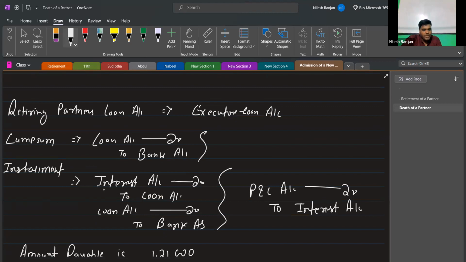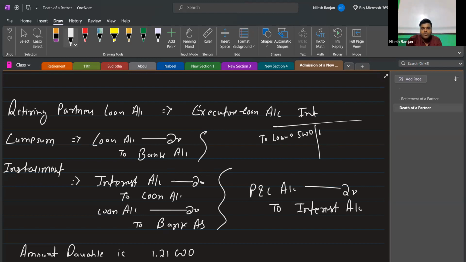If we open the interest account like this and pass this journal entry, it will be to loan account, let's say 5,000. And if we don't write anything else, then there will be a balance of 5,000 at the end. Yes or no? So we cannot carry forward the balance of any nominal account.